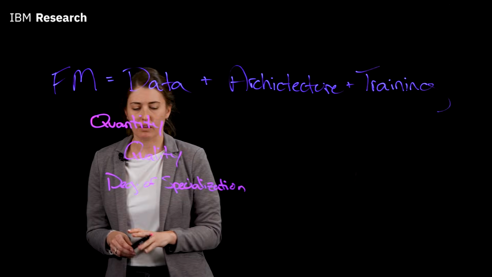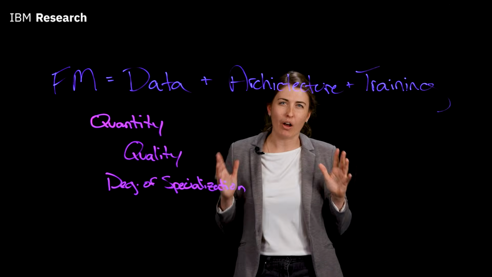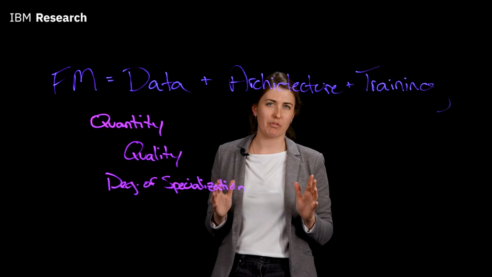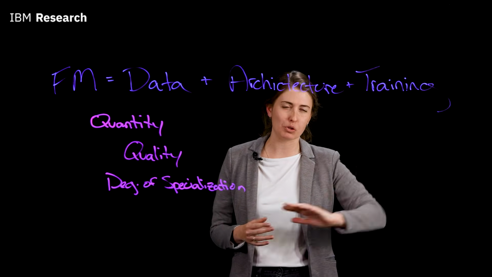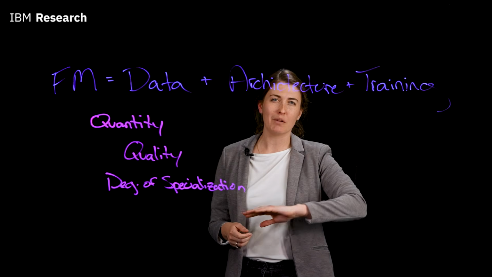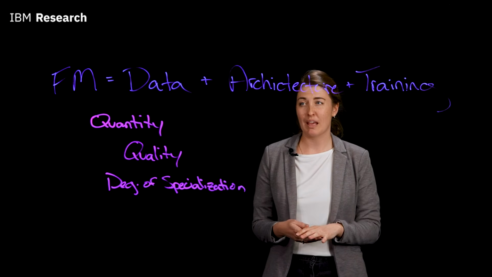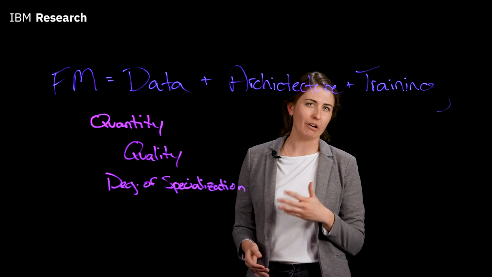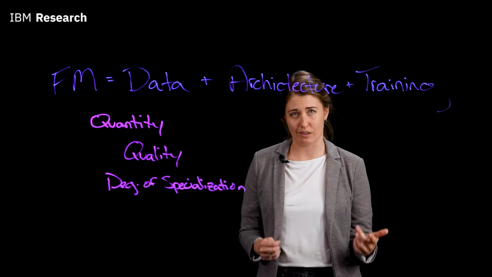On the quantity side, these models are trained on enormous amounts of unlabeled data in an unsupervised fashion. It's this volume of data that gives them the superpower to perform an immense number of different downstream tasks easily and efficiently. But the more data that you're training your model on, you're going to drive up your compute costs when it comes time for training and inference.